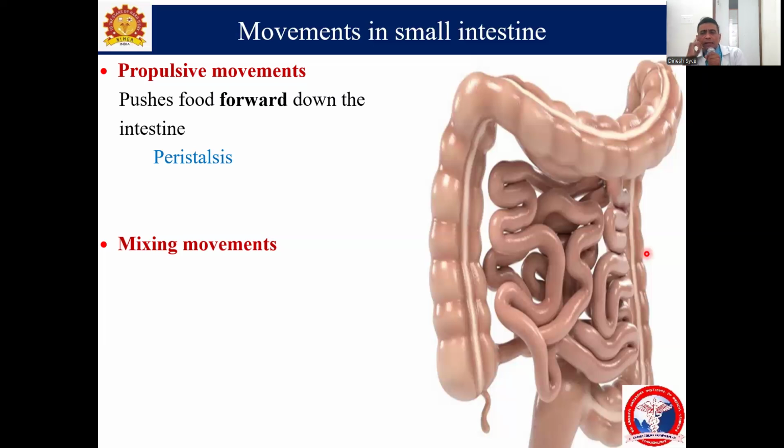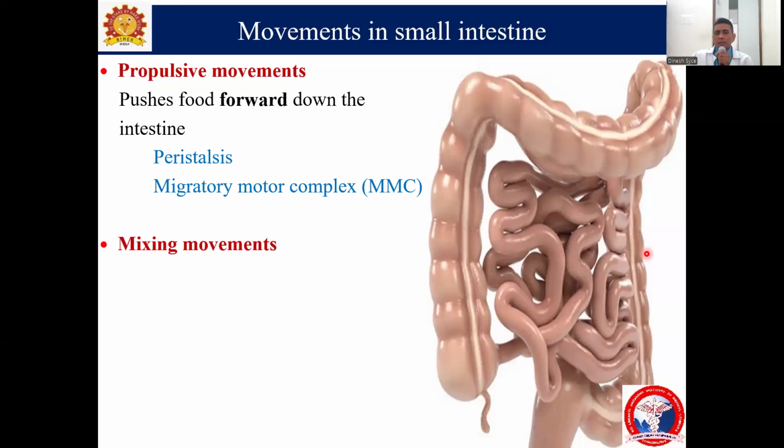And the other type of propulsive movements pertaining to the small intestine is probably a new term for you. It's called migratory motor complexes, MMC for short. So migratory motor complexes and peristaltic movements, these are the two types of propulsive movements of the small intestine.